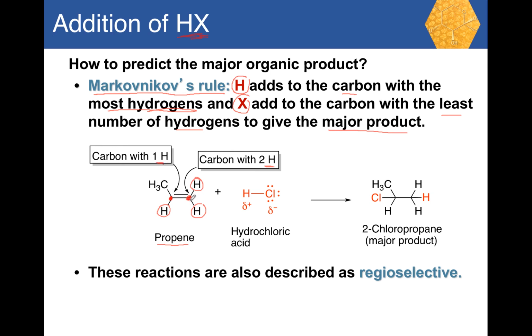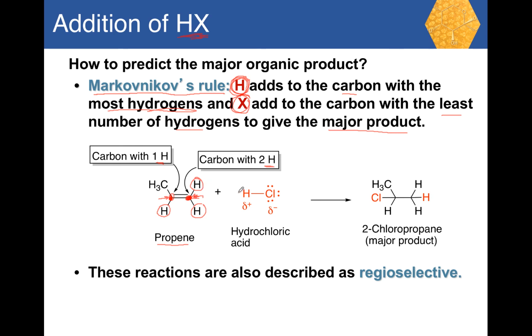By comparison, this carbon has more hydrogens than this carbon. So the hydrogen, as stated by Markovnikov, will add to this carbon, and the X, as stated by Markovnikov, will add to that carbon to give the product.